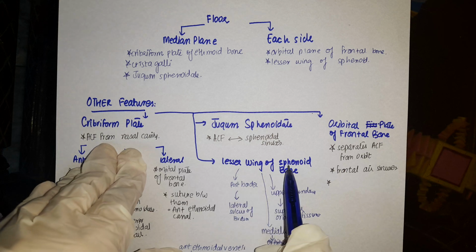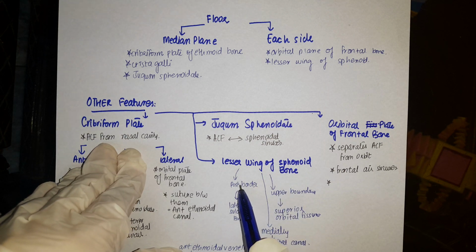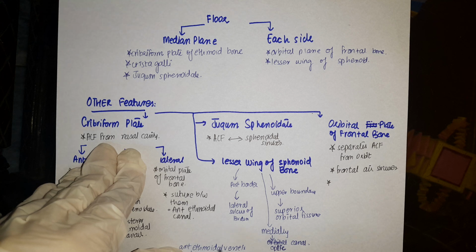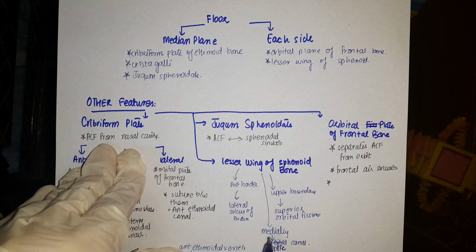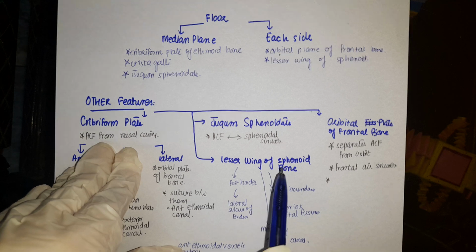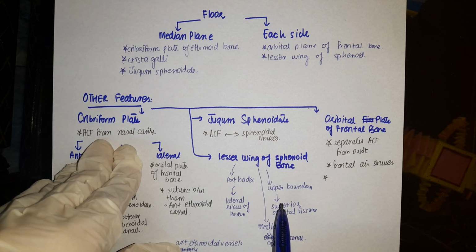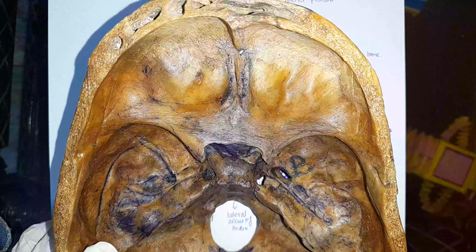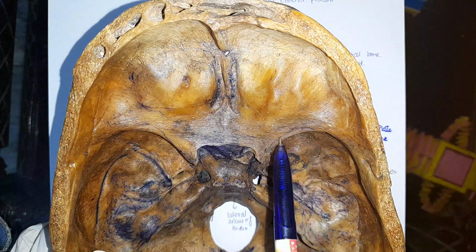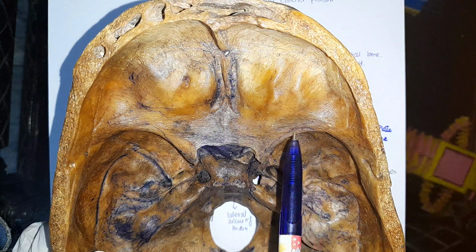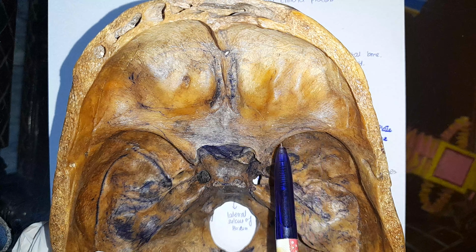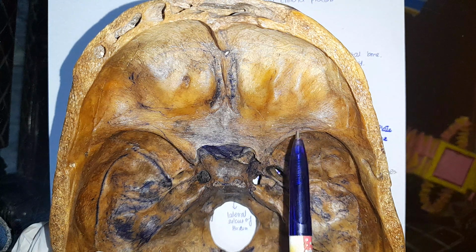Now the lesser wing of the sphenoid bone has a posterior border, and the posterior border has the lateral sulcus of the brain. Then medially it has the optic canal, and the upper boundary has the superior orbital fissure. So what is going to happen over here? This is the posterior lesser wing of the sphenoidal bone.